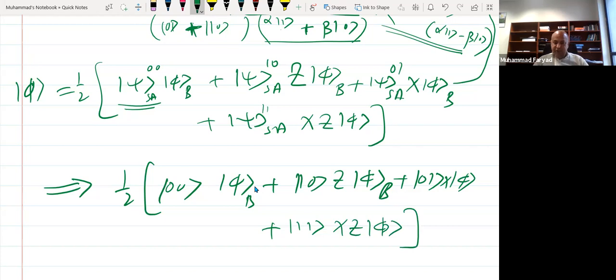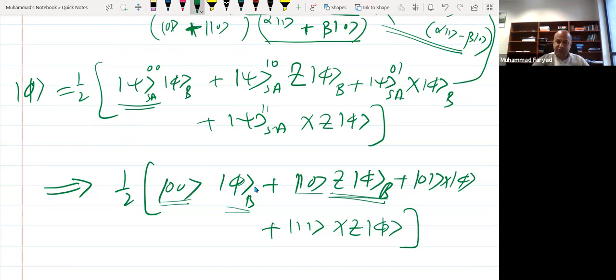So this means now that if the input goes to 00, our B qubit is carrying phi state, so nothing should happen to this. If the output of the first two qubits is 1, 0, the B qubit is carrying Z into phi, so a Z gate should be applied to recover phi.